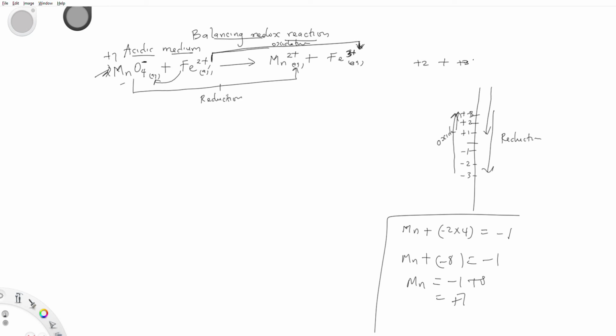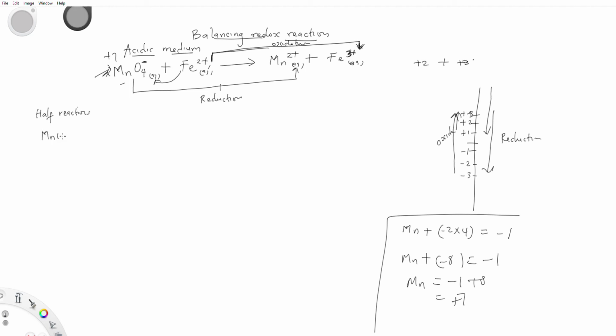Now, balancing redox reaction, the first thing to do is you split it into halves, the half reactions. So you need to split the oxidation side and the reduction side out.